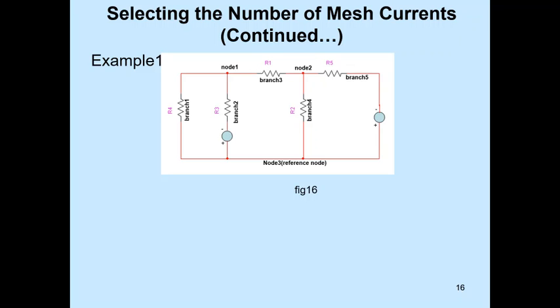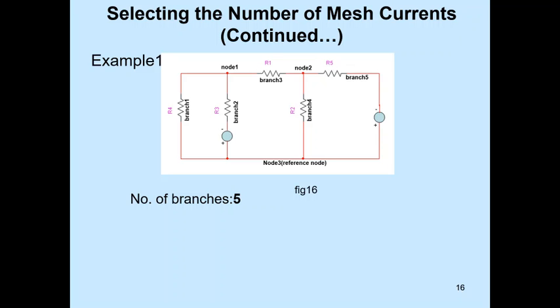By taking the formula, we can calculate the number of meshes. The number of meshes is equal to the number of branches minus the number of nodes plus 1.